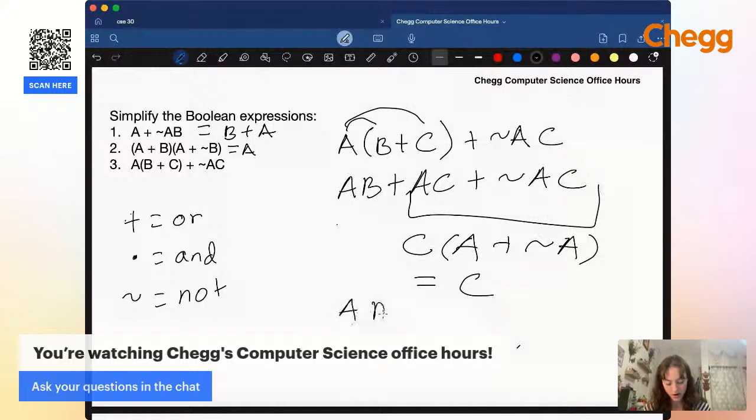So our equation will then simplify to A and B or C. And that's it. A and B or C. Now, I hope that made sense. If you have any questions about any of those simplifications, just make sure to let me know.